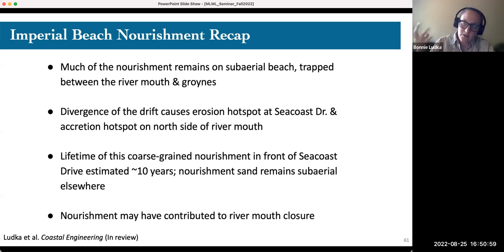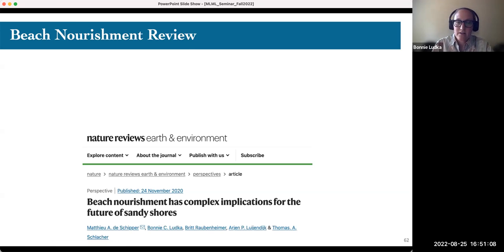And so this work, I think, really nicely displays the difficult task that coastal managers have. And it inspired me and another colleague, Macho de Schipper, to lead this interdisciplinary beach nourishment review.